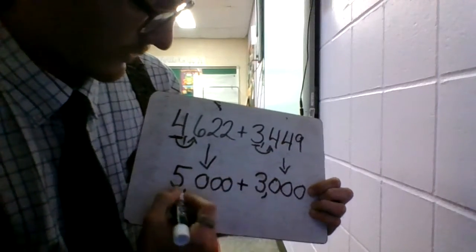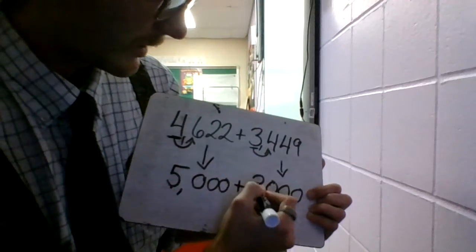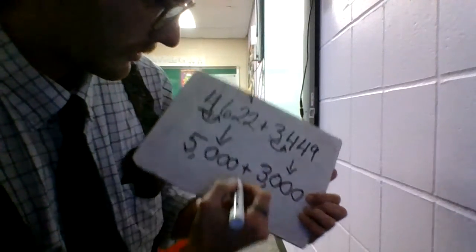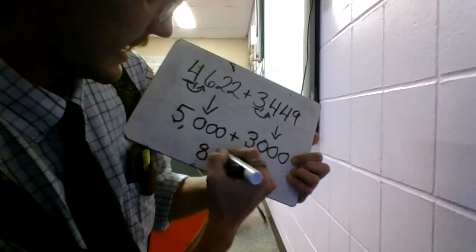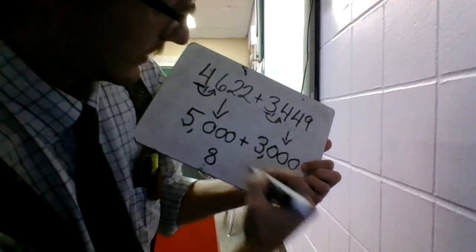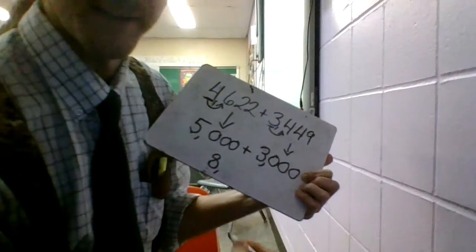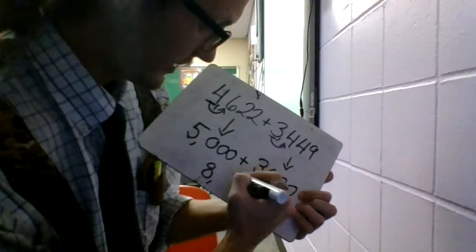Now we can do 5,000 plus 3,000, and all these are zeros, so what's 5 plus 3? That equals 8. 5,000 plus 3,000 is 8,000.